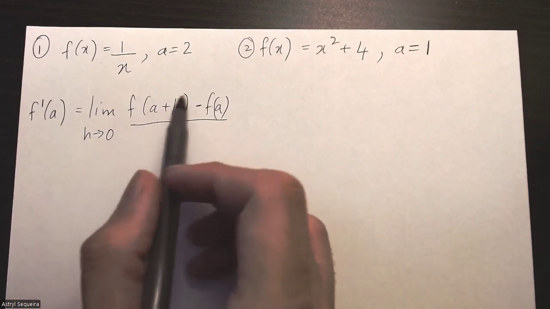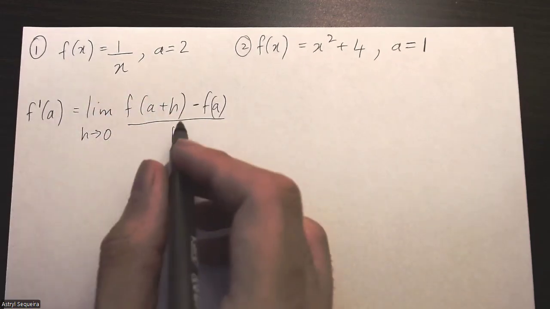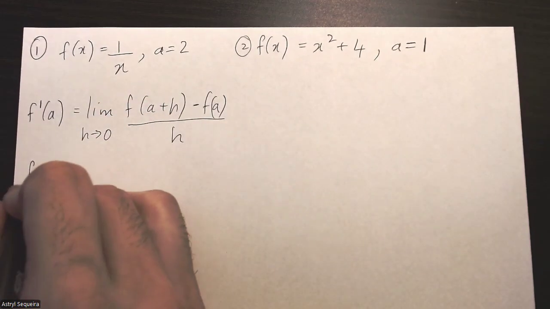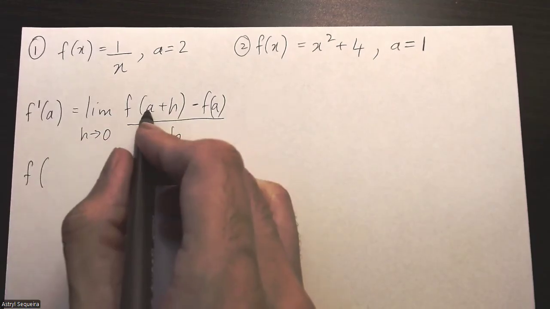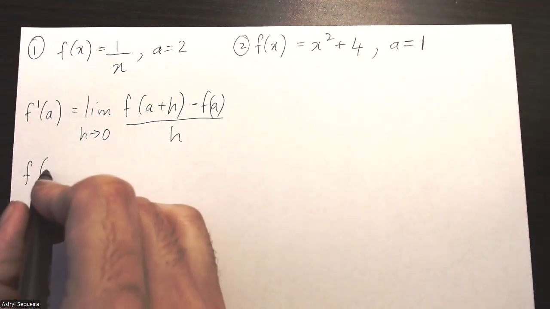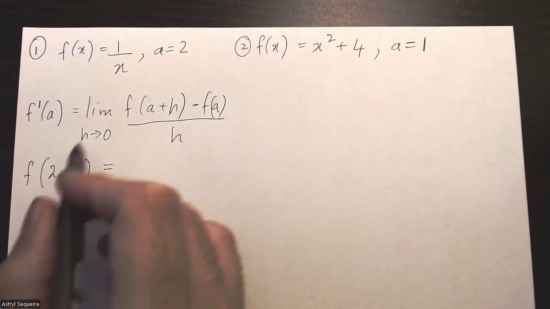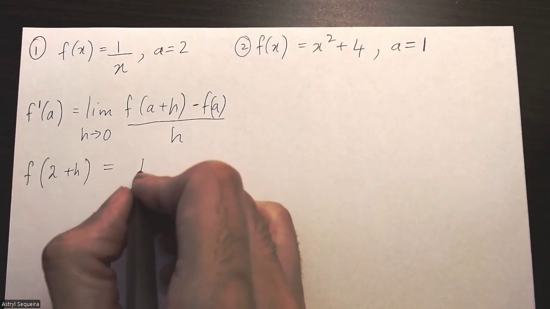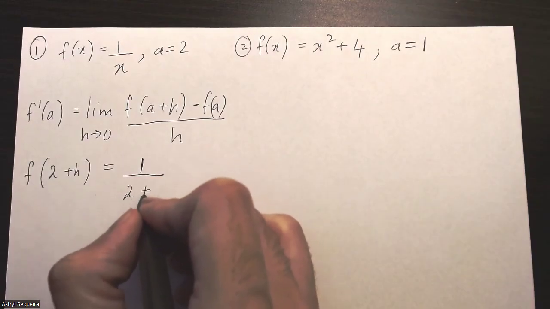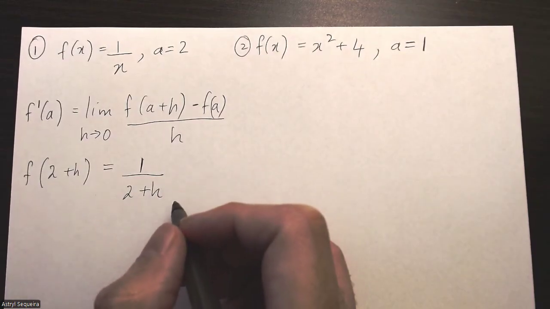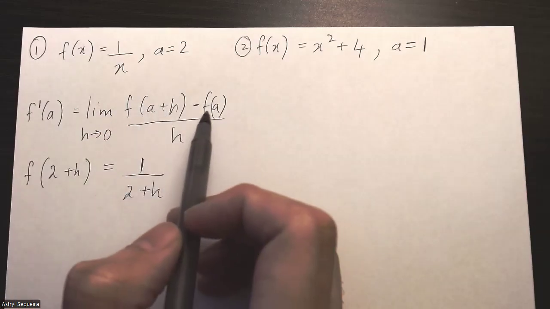So let's start by finding f of a plus h for this first question. We know that a is just 2, so I can replace the a with 2. If I sub that in over here, I'll get 1 over 2 plus h. Next, let me find f of a.